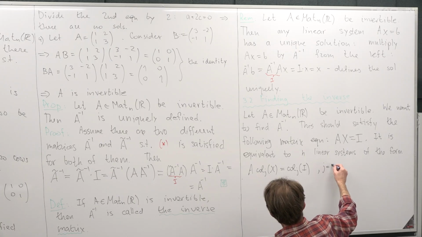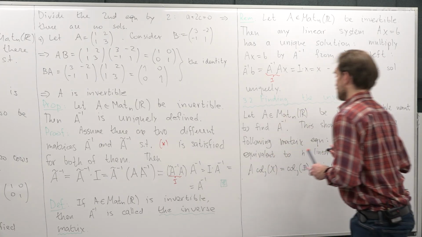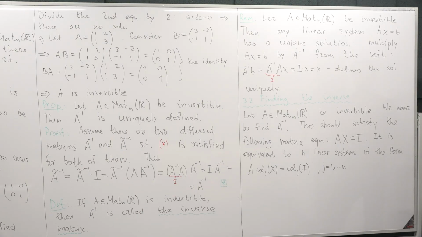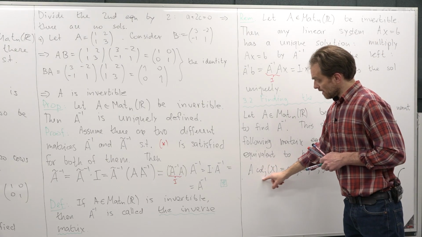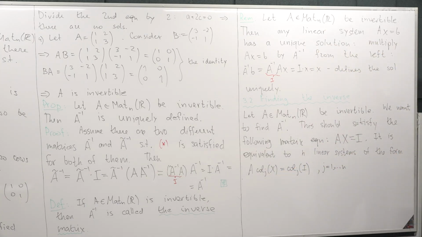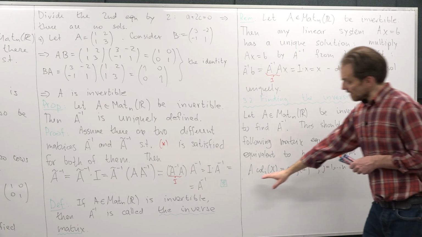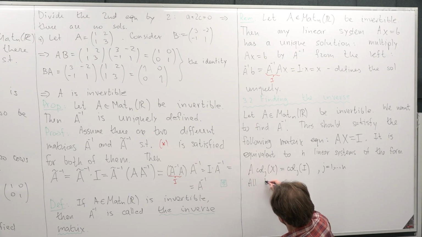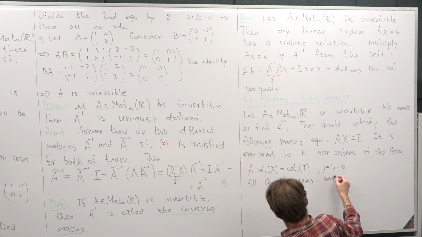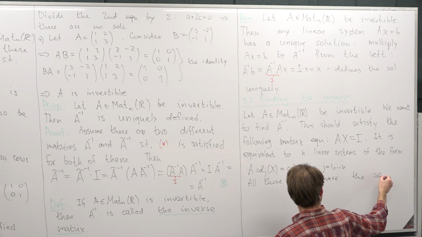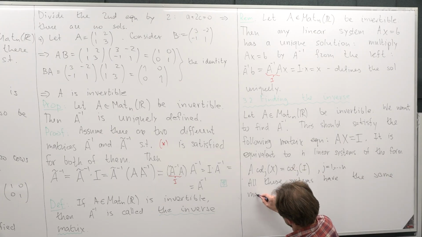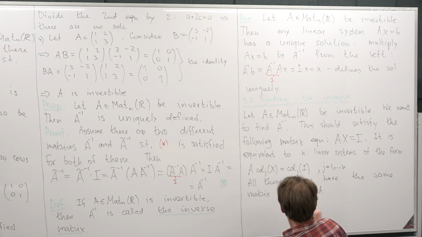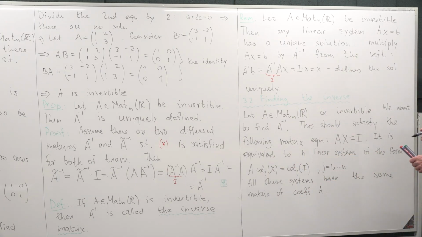So j ranges from 1 to n. So we have n different linear systems for the entries of the unknown matrix, and all these systems have the same matrix of coefficients. So this is just our matrix A.